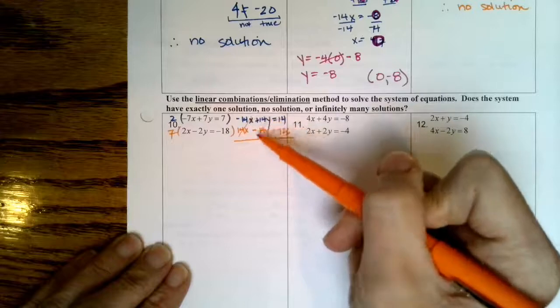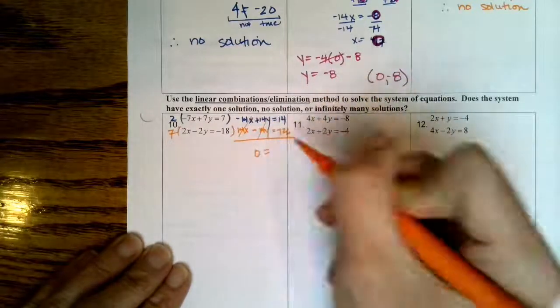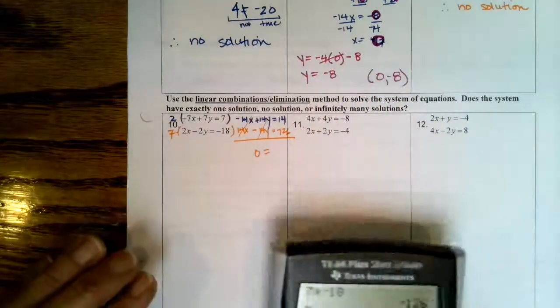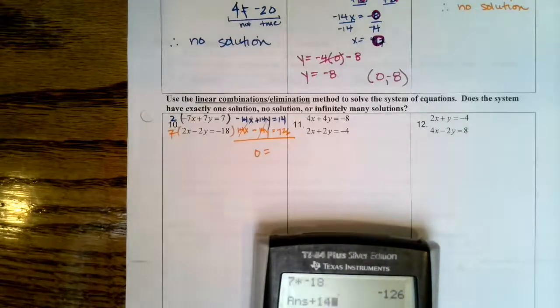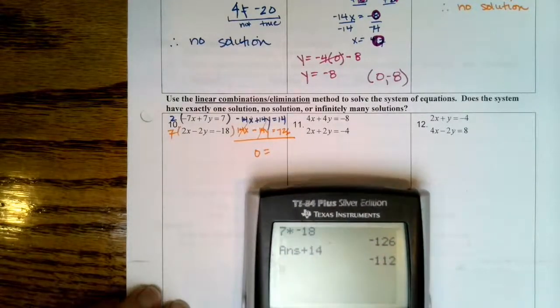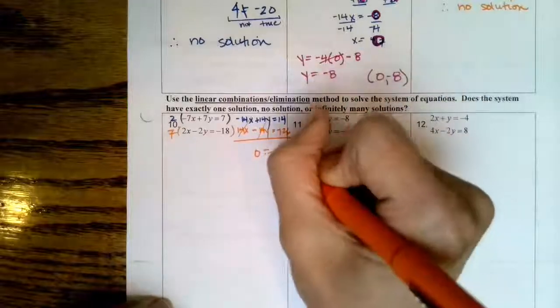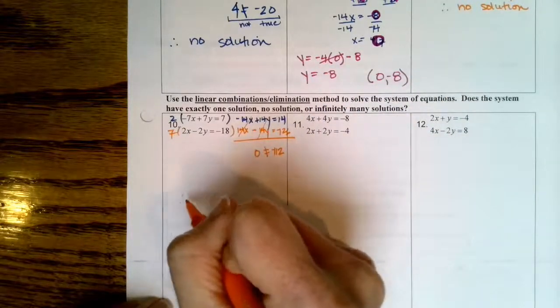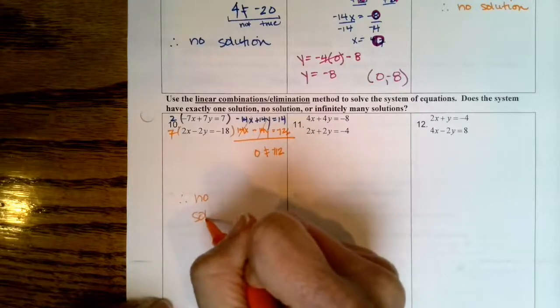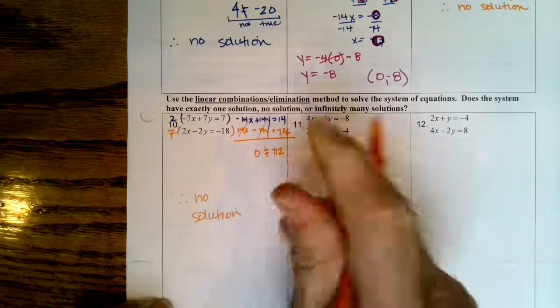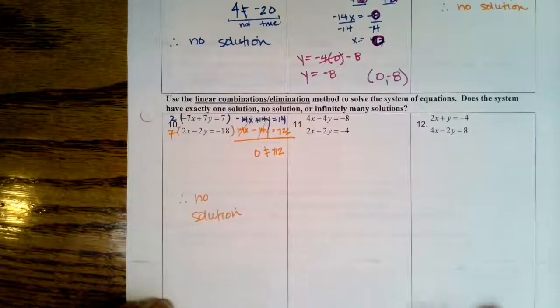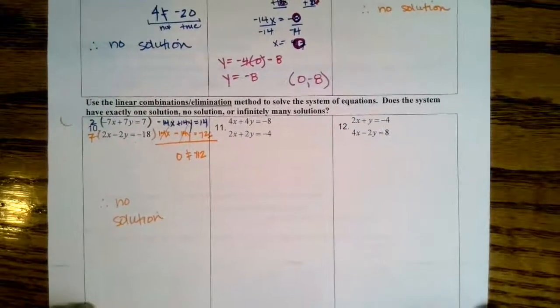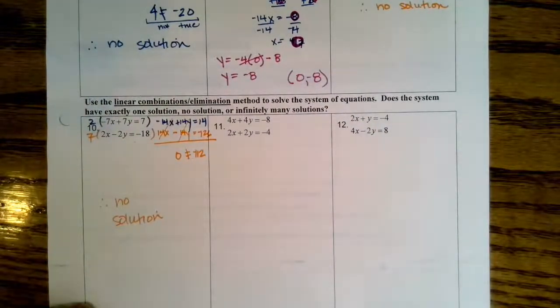My x's and my y's cancel out, and I get 0 is equal to negative 126 plus 14. That gives me negative 112. But guess what? That means that that's not true, so therefore no solutions. I'm suspicious. I have a lot of no solutions. I'm going to go back and double check them just to make sure.